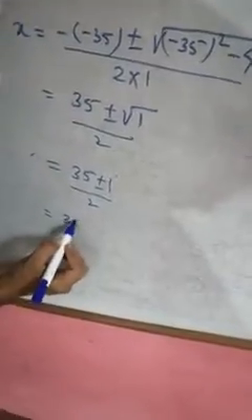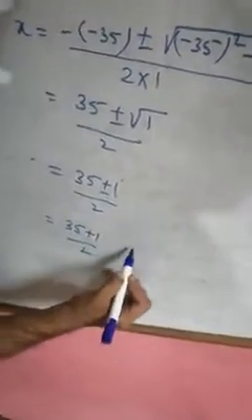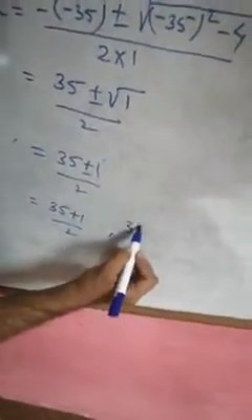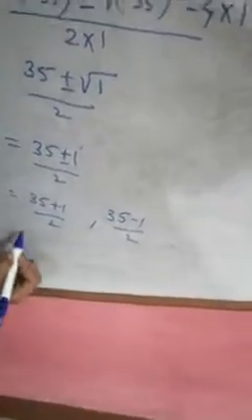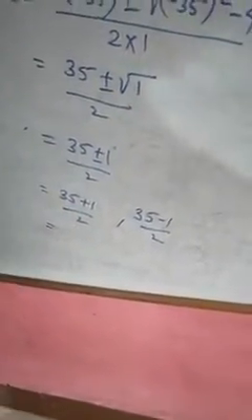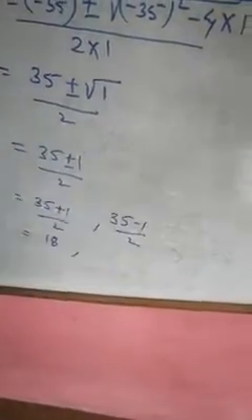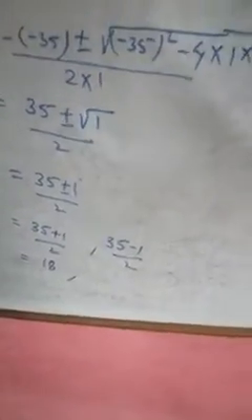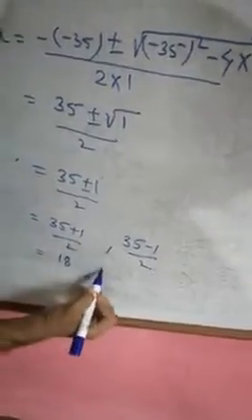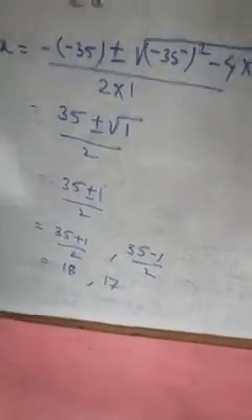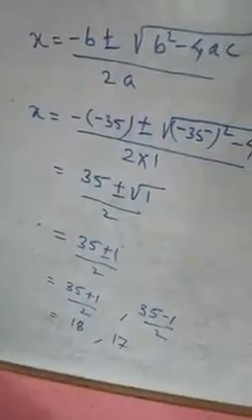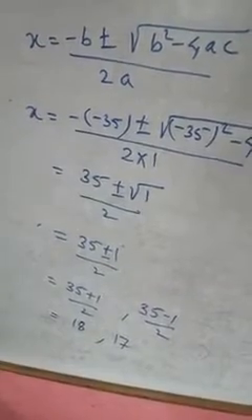One time we add, 35 plus 1 upon 2, and 35 minus 1 upon 2. 35 plus 1 is 36, 36 upon 2 is 18. 35 minus 1 is 34, 34 upon 2 is 17. So we got 18 and 17 as the answer.